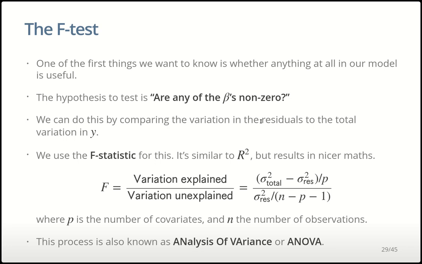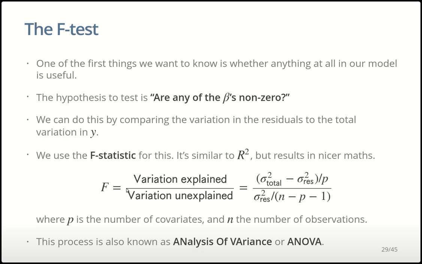And we can test that hypothesis by comparing the variation in the residuals to the total variation in y. So essentially all we do is we say, is the variation in the residuals less than the variation that we started with, right? We'd expect it to be less if our model was doing anything. If our model's not doing anything, then the residuals will have the variation equal to the original y.